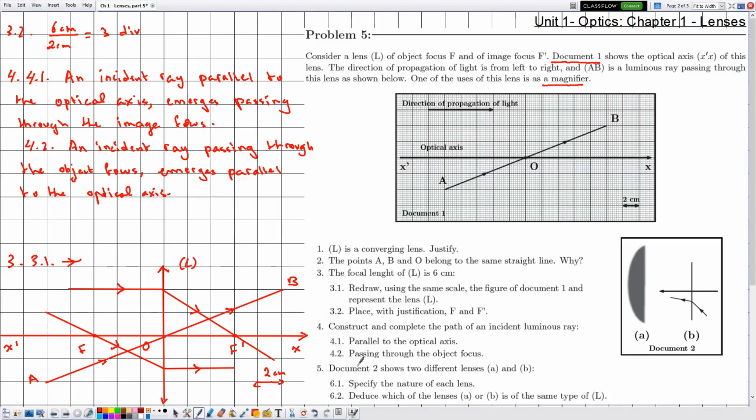Now in part 5 they are telling me document 2 shows two different lenses A and B. Sorry, this must be 5.1. And this is 5.2.